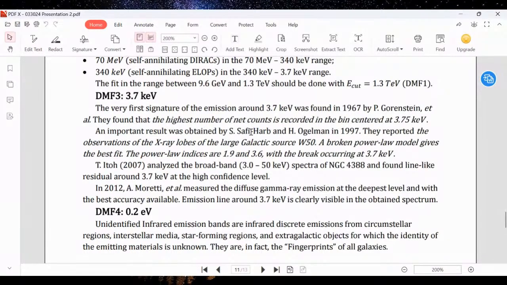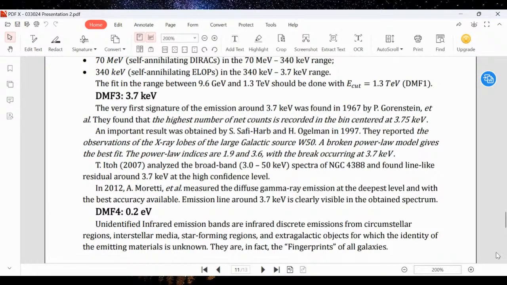An important result was obtained by Safi-Harb and Ögelman in 1997. They reported observations of the X-ray lobes of the large galactic source W50. A broken power law model gives the best fit. The power law indices gamma are 1.9 and 3.6, with the break occurring at 3.7 kilo-electron volts, as proposed.